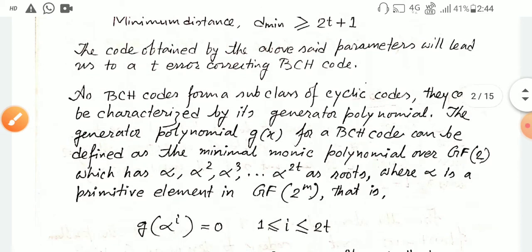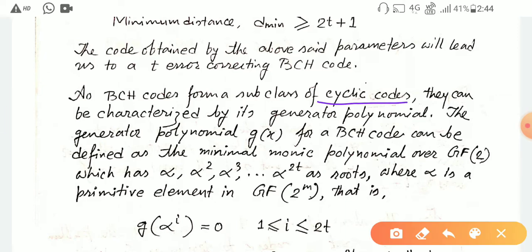As BCH codes form a subclass of cyclic codes, they can be characterized by their generator polynomial.